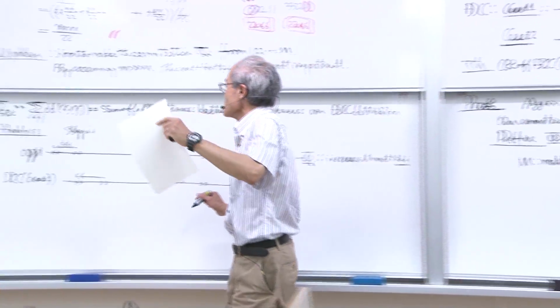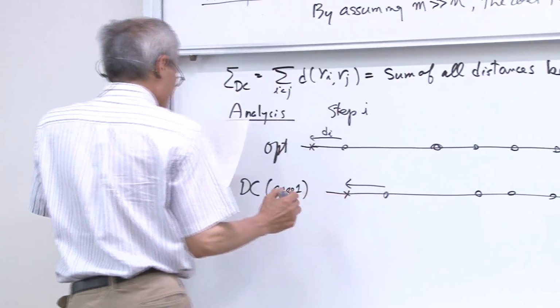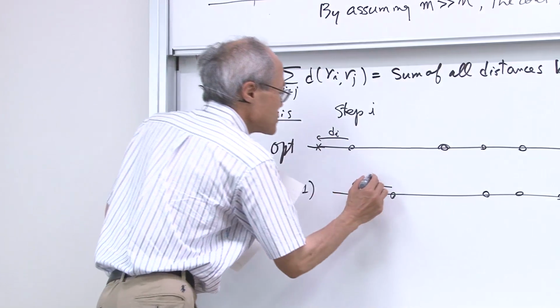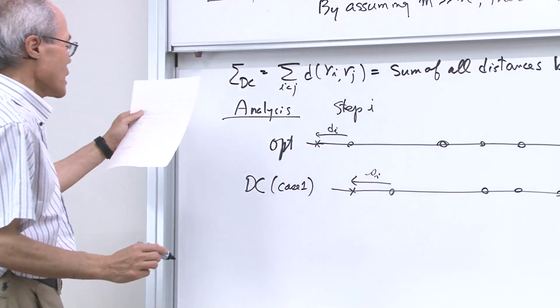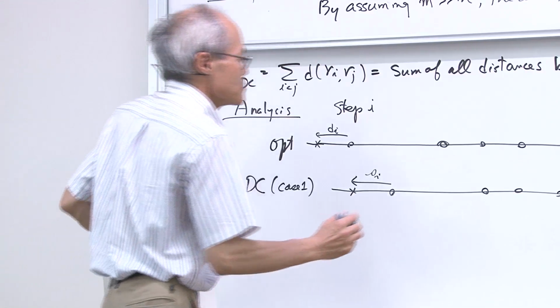Then the algorithm moves the closest server. This is s_i. Then M.